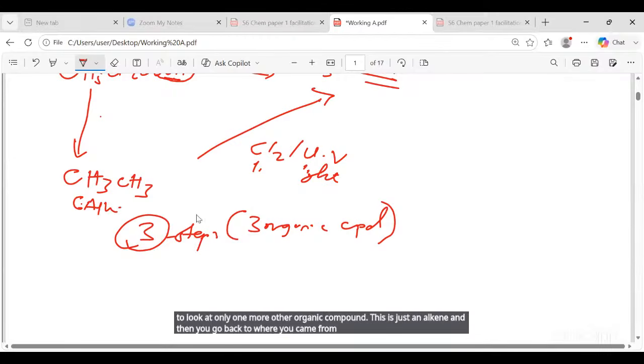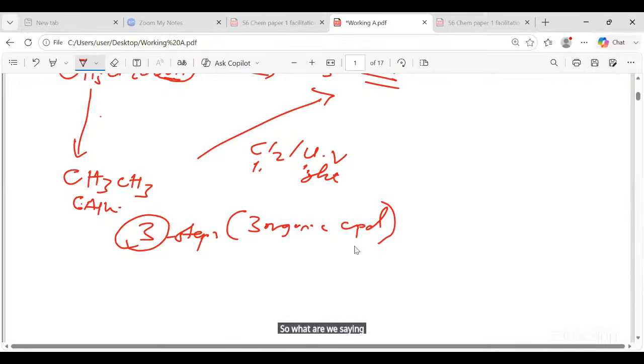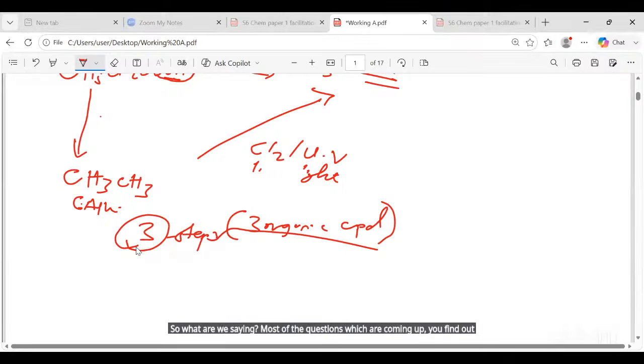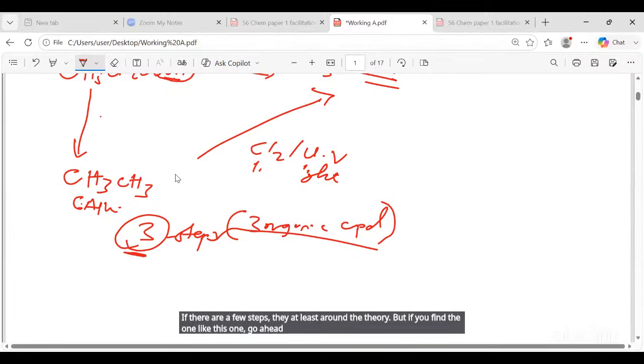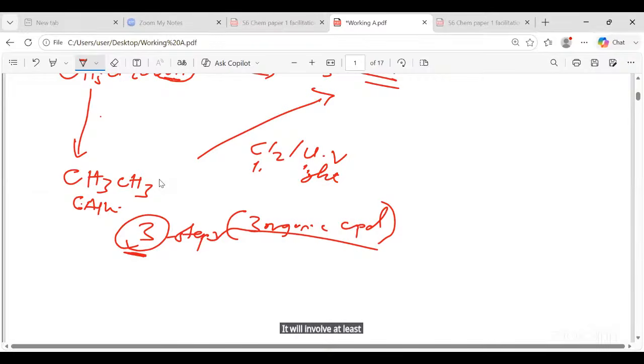So what are we saying? Most of the questions which are coming up involve at least, if there are few steps, around 3. But if you find one like this one, go ahead. They will still mark you on this one. But we're saying that a question that is a very good one will involve at least how many steps? 3 steps. I don't know whether it is very clear.